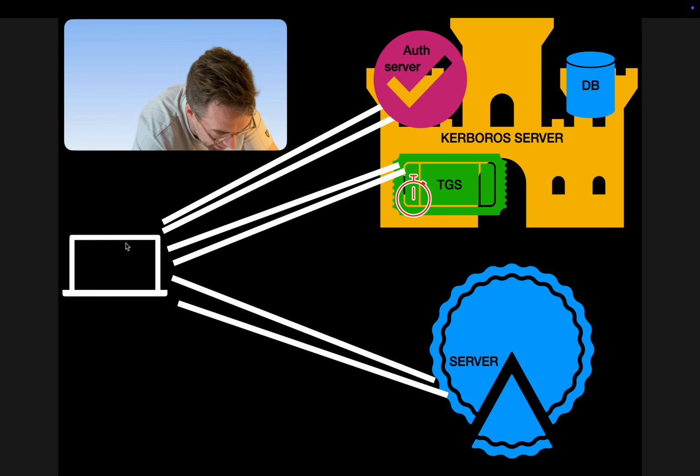So the client will send a username and a password, and they will be sent in plain text, and the Kerberos server will then check with their database of allowed users, and if that returns something that matches what the user is requesting, the Kerberos server will encrypt the message back to the client with the password.